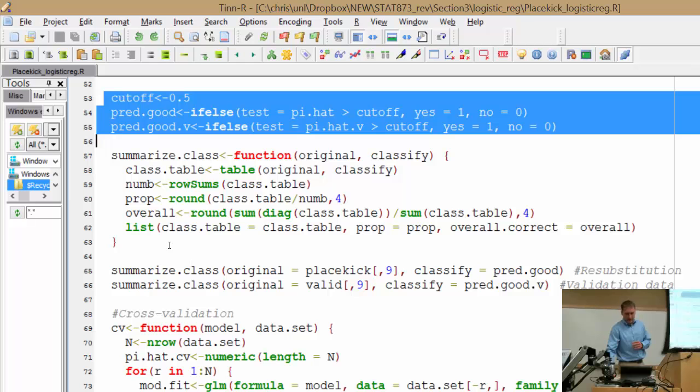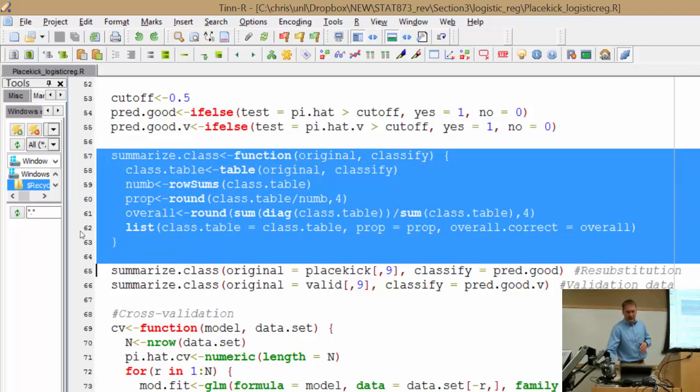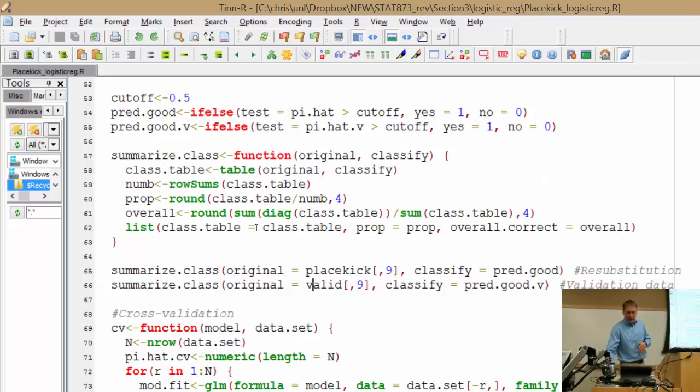Okay. Now that I have successes and failures predicted, I want to look at how good my statistical method is. So, remember my summarize.class function from discriminant analysis and the nearest neighbor classification? I can apply this exact same function here to come up with a summary table of the true values versus their classifications.